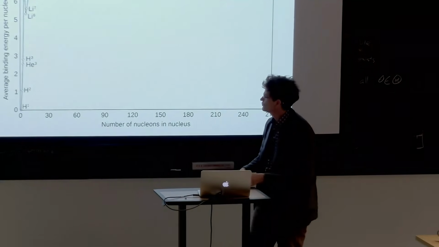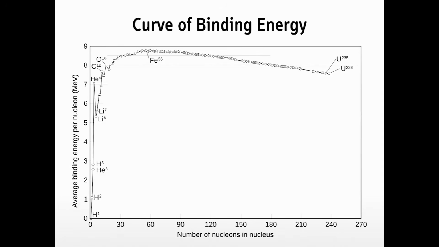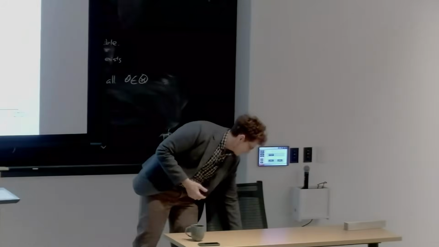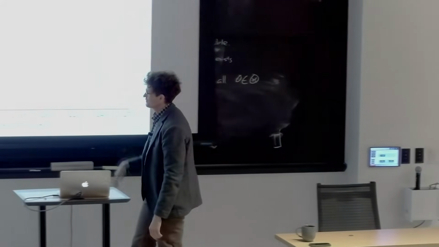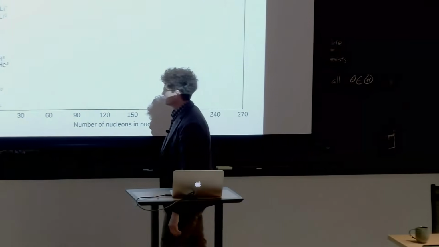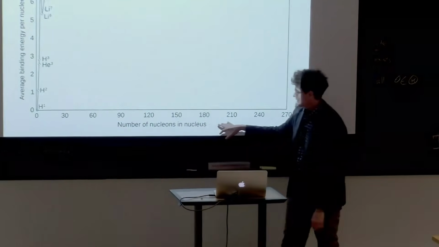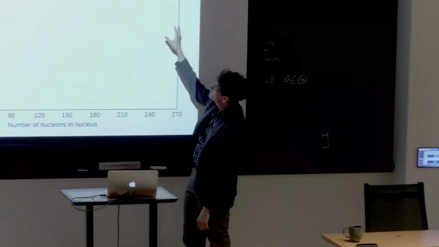So this gets us to this chart, which is called the curve of binding energy, which is also the name of a book by John McPhee. If you're interested, it has interesting stuff about the history of the atomic age if you want to read it. So let me just explain what this is. These are different isotopes now plotted.